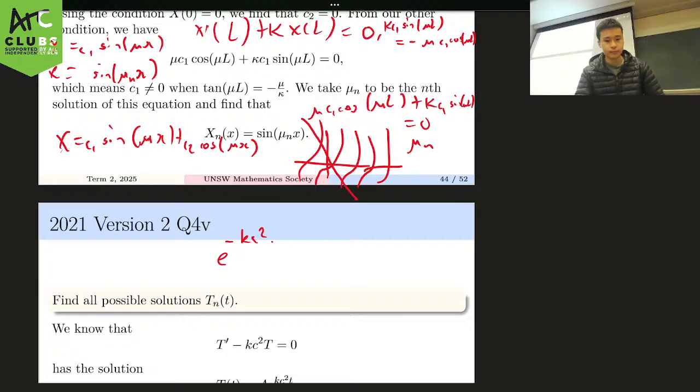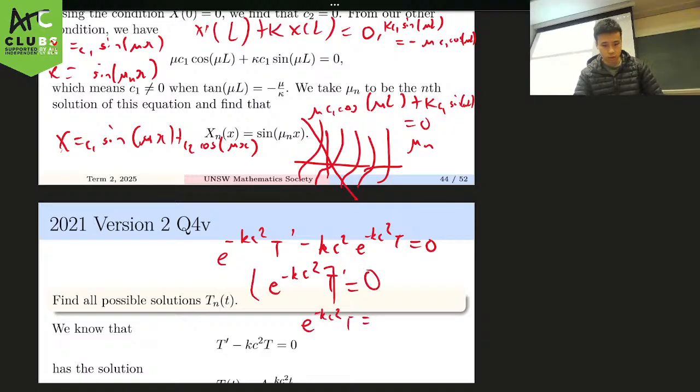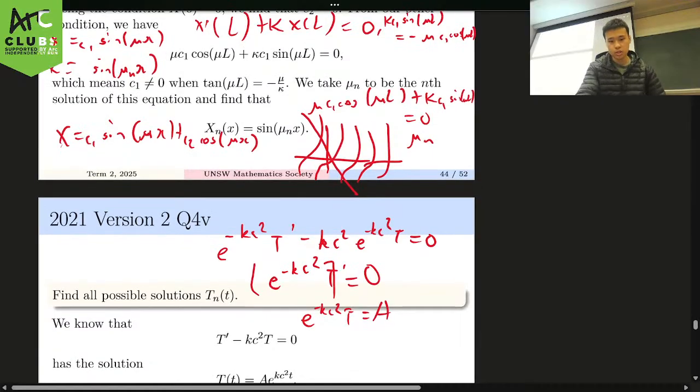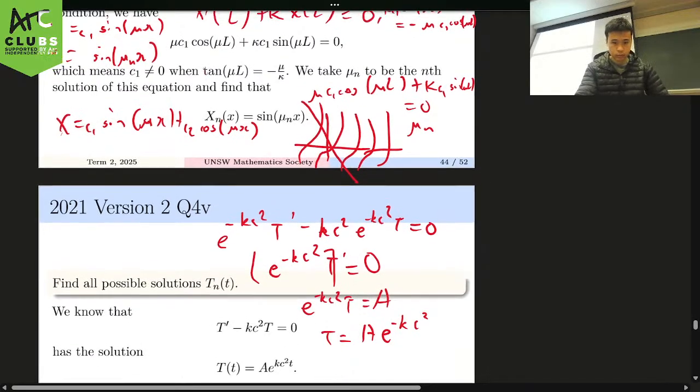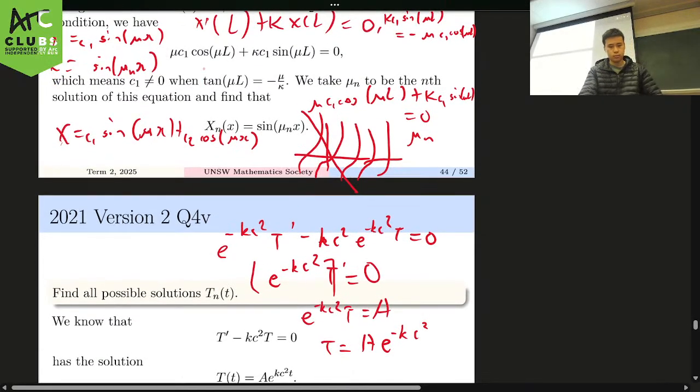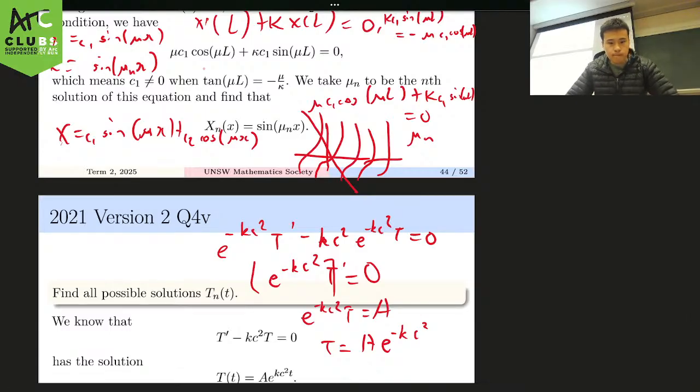If kc is equal to 0, then this derivative is equal to 0, and then T is equal to some constant. Otherwise, T is equal to A e to the k c squared t. There should be... Why isn't there?